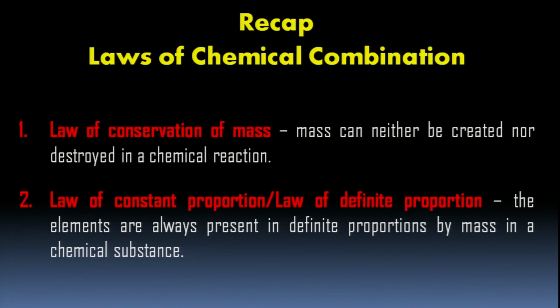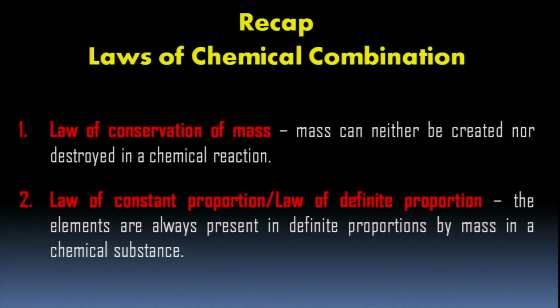In our previous classes, we had done laws of chemical combination. We had done two laws, the law of conservation of mass and the law of constant proportion, or law of definite proportion. What do they say? Law of conservation of mass: mass can neither be created nor destroyed in a chemical reaction.